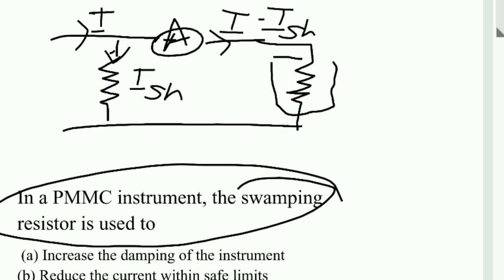So if we want to eradicate this error, we have to put swamping resistance.